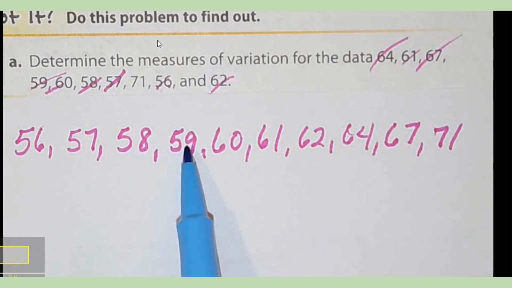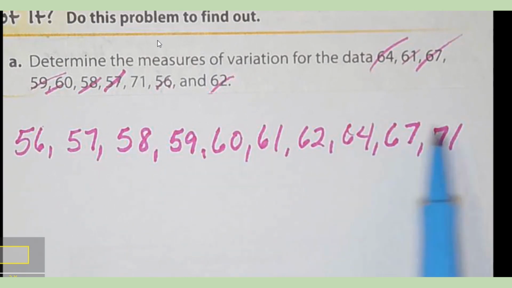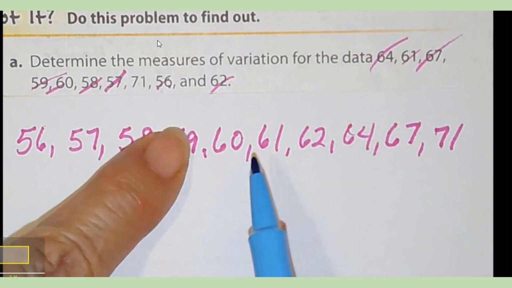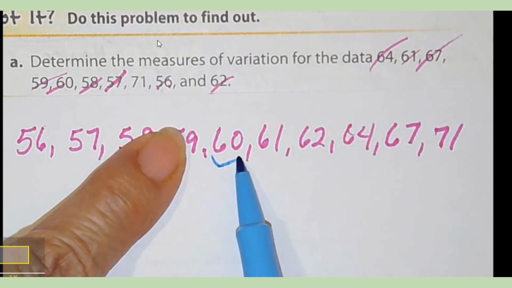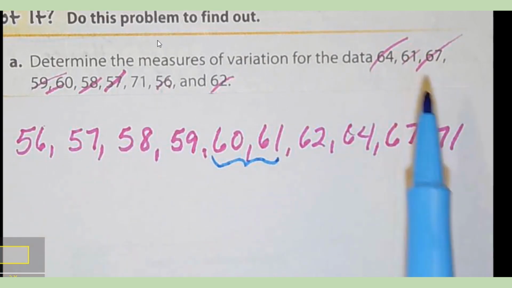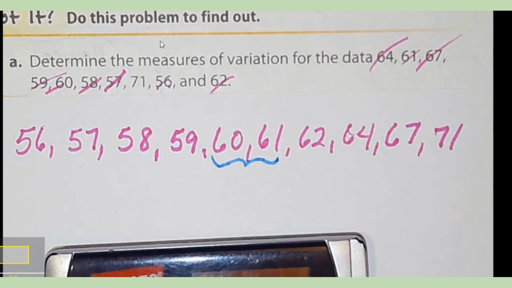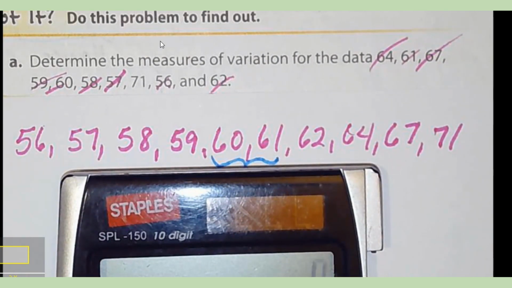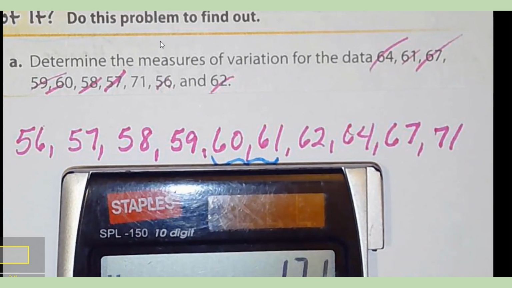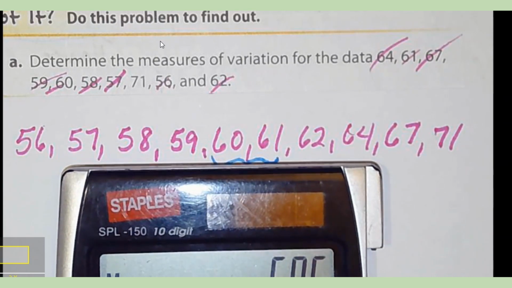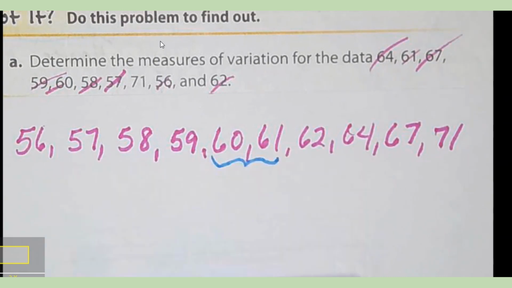We're going to look at these two here, and we're going to find the median. So we're going to go ahead and take 60 plus 61 equals, and divide that by 2. So my median is 60.5.